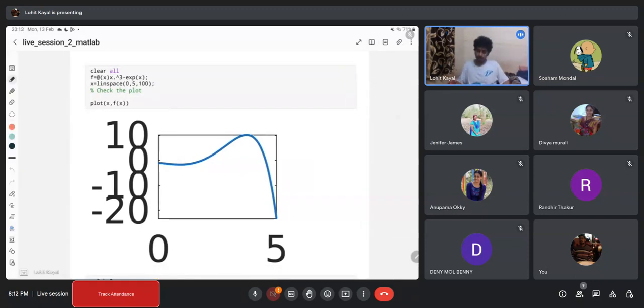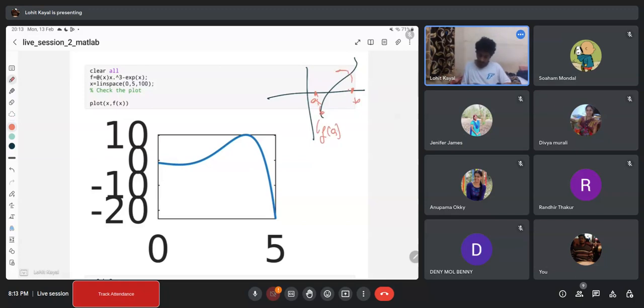So how do we solve that? Suppose we have a function, some arbitrary function. Let's pick some arbitrary function like this. So you pick 2 points A and B, and you calculate the value of f of a and f of b.